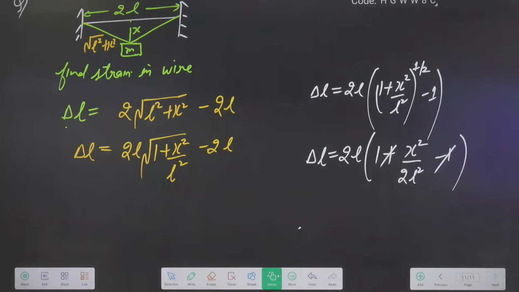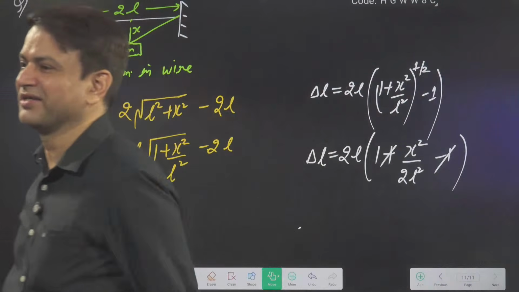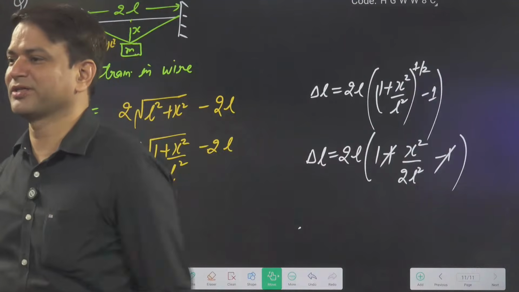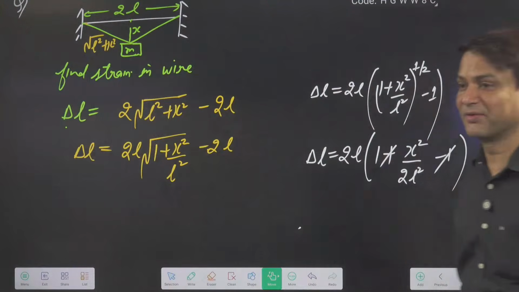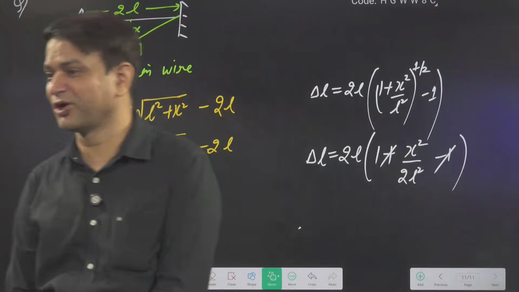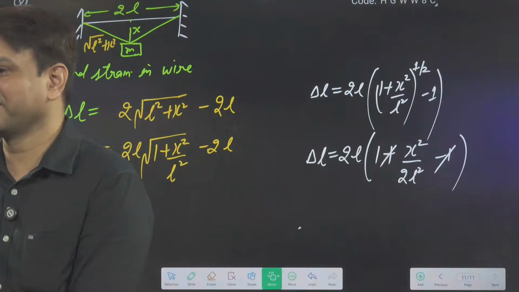X square by L. Somebody says X square by L square, or 2X square by L square. Okay, all permutations and combinations will be there. Somebody will say 2 in the numerator, somebody will say 2 in the denominator, somebody will say without 2, X square by L.